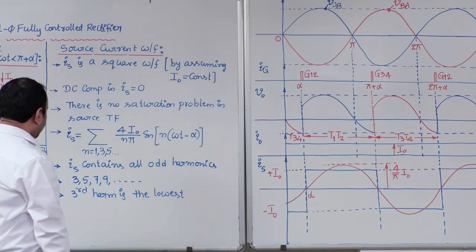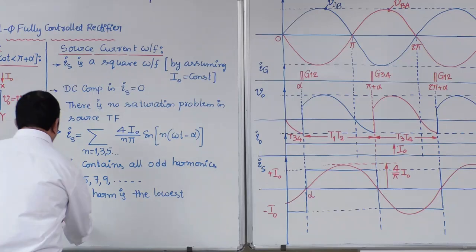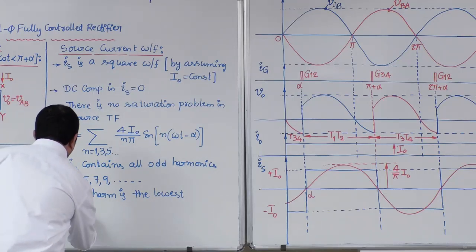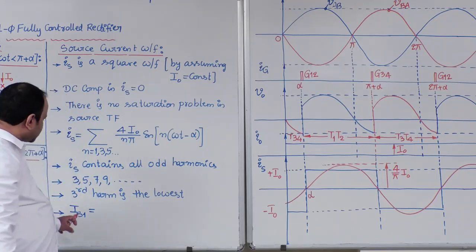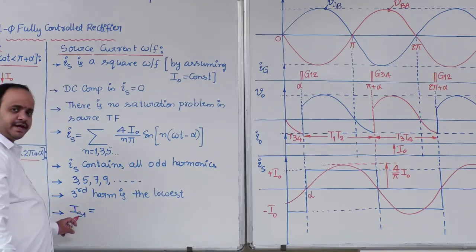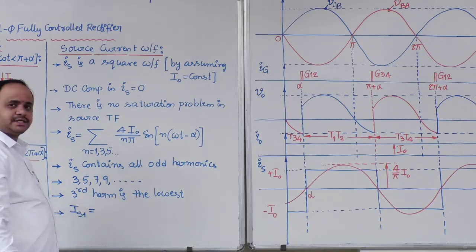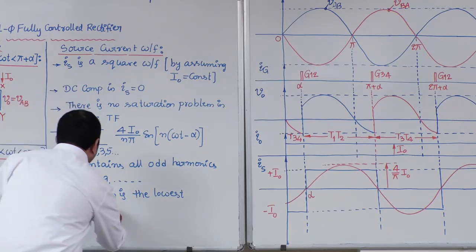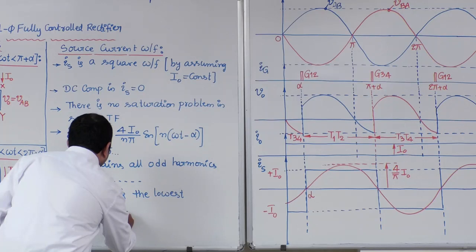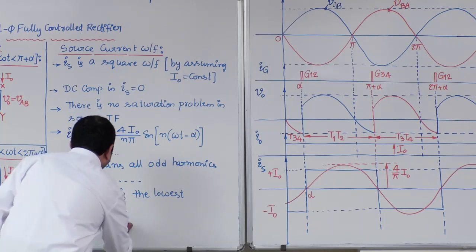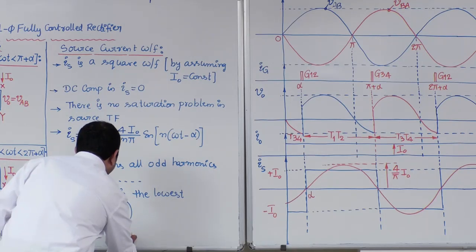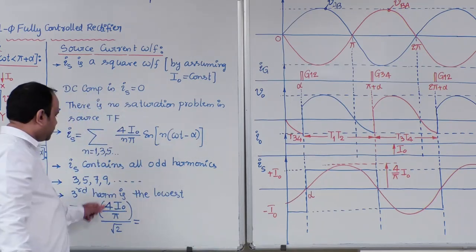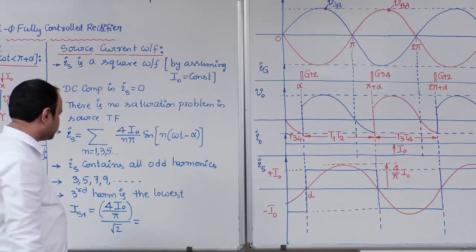Okay. Next one is what is the RMS value of the fundamental source current? I suffix S1. S indicates source current and 1 indicates fundamental component. Peak value of the fundamental sinusoidal current is 4 I naught by pi, whose RMS value can be written as peak value divided by root 2.